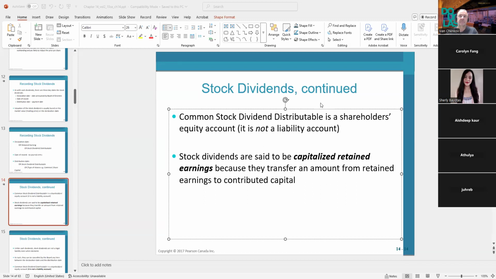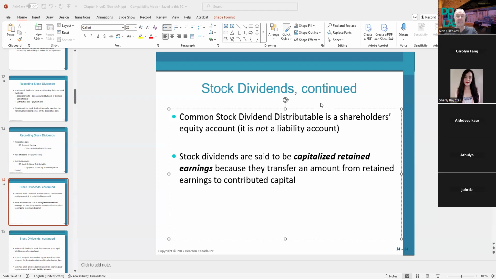No. Does the company have an obligation to buy your shares back? No. So do you understand now, when a company declares a stock dividend, they are converting retained earnings into common shares. Once it's converted to common shares, I have no obligation to pay that money back.